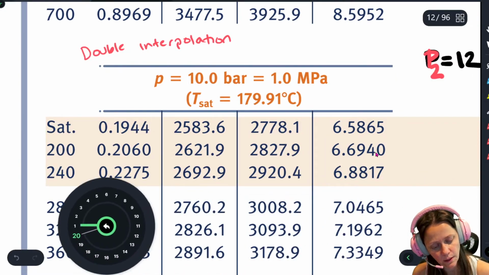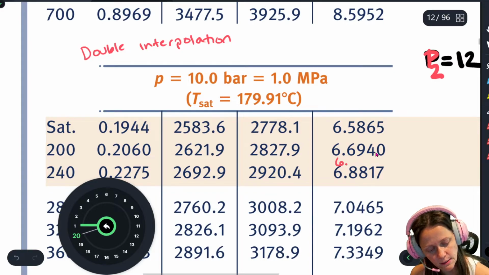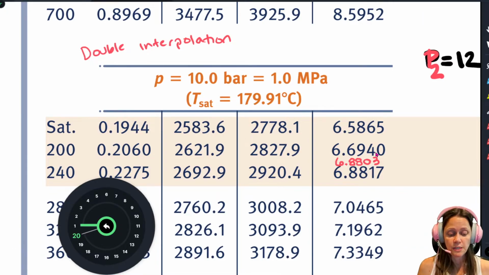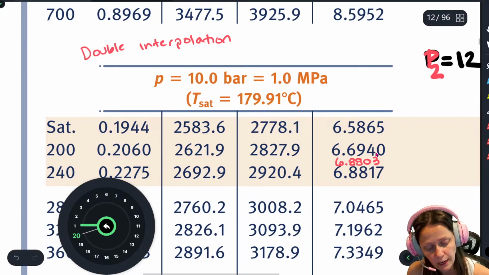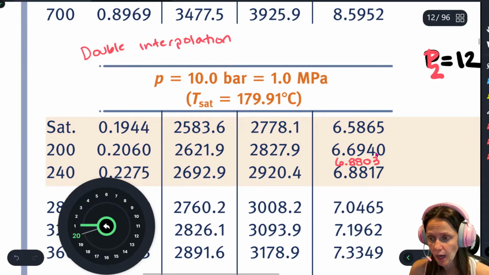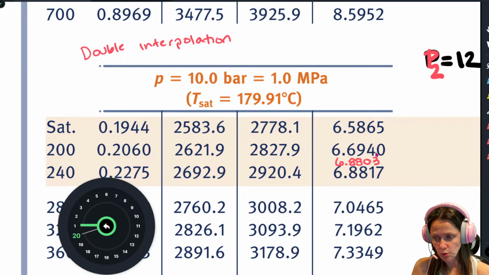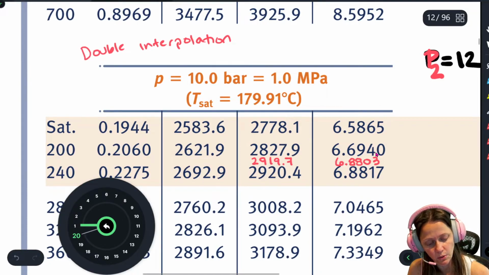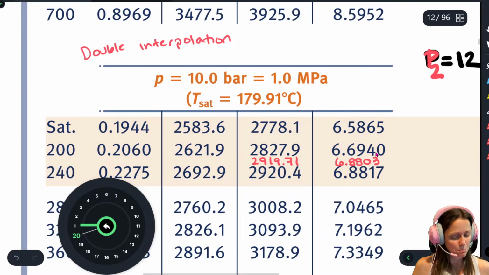So at 10 bar with an entropy of 6.8803, we would have a corresponding enthalpy of 2919.71. That looks okay. So we're all good there. Perfect.